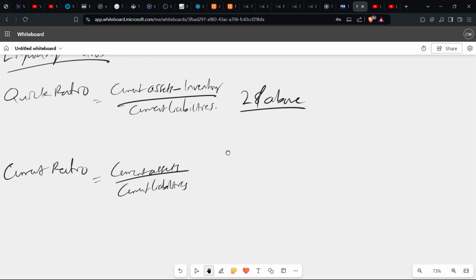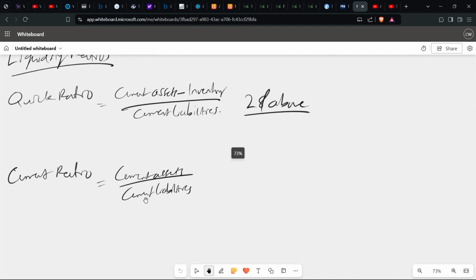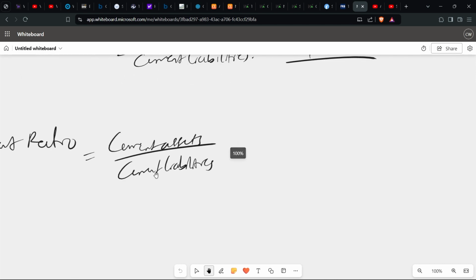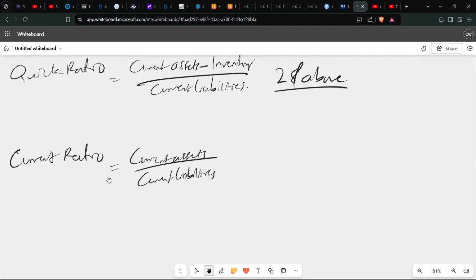Okay, moving on. Current ratio. Current ratio is the current assets divided by current liabilities. Okay, what's the importance of the current ratio? By the way, the current ratio is inclusive of the inventory. The quick ratio is to determine how stable the business is in case inventory isn't moving as fast.